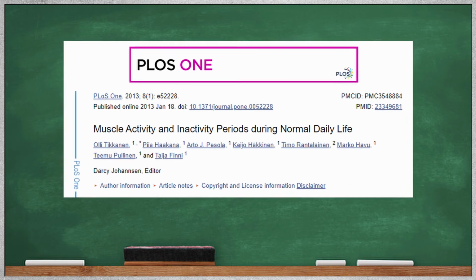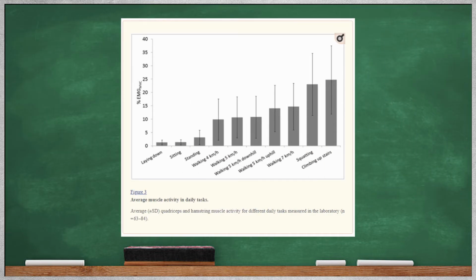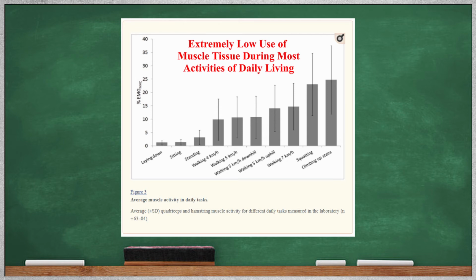In fact, this study showed that in most activities of daily living, only 4 to 10% of lower body muscles are being activated, which means 90% of muscle tissue or more remains inactivated and untrained. Even climbing stairs only activates 20 to 25% of muscle tissue.